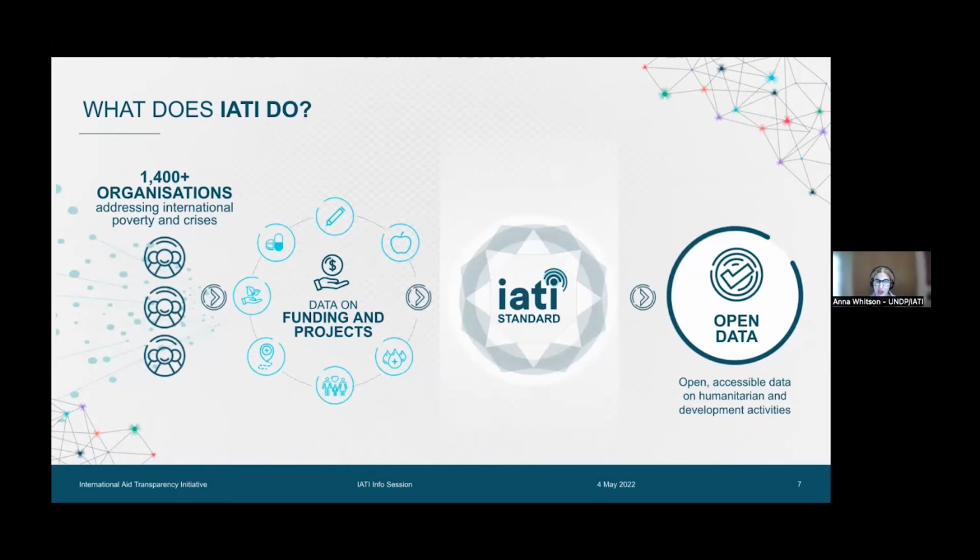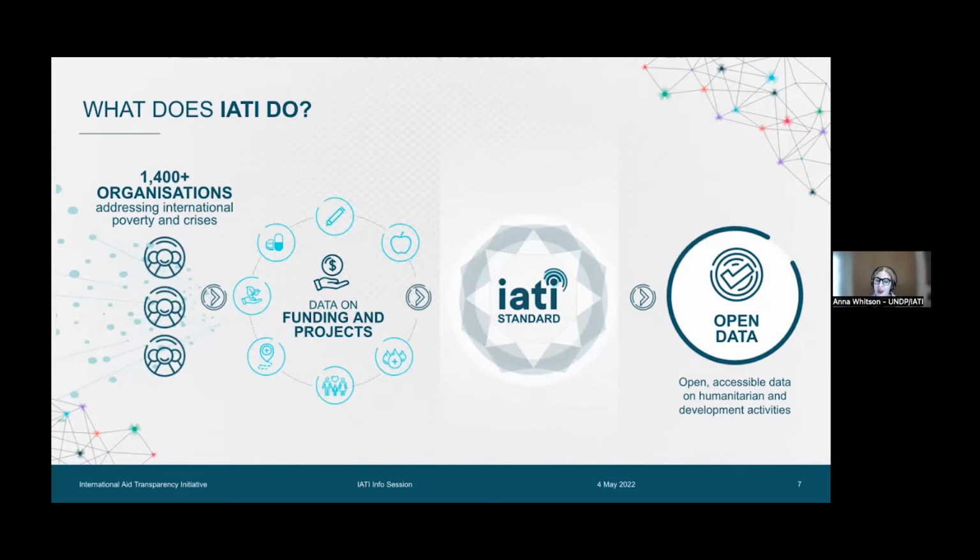It's everything from large bilateral and multilateral organizations to really small, subnational local organizations, including nonprofits, NGOs operating on the ground. So as I said, we are a data standard. So we encourage all these organizations to publish their data according to this data standard. And the standard is really a set of rules and guidance for publishing useful information on development and humanitarian data.